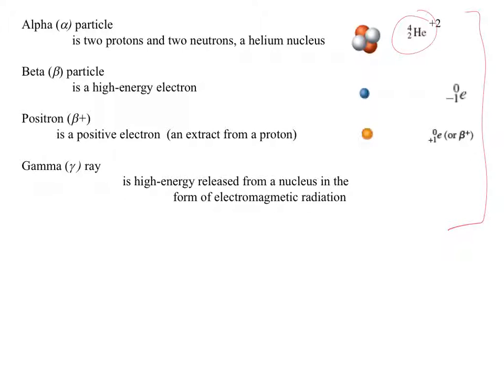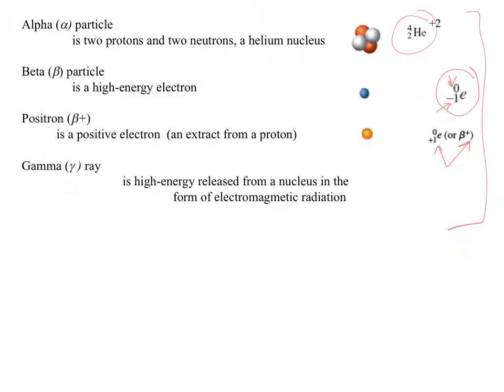We've got beta particles. Beta particles, essentially an electron with a lot of energy. Electrons have no mass, that's why the 0 is there, and electrons are negatively charged, so that's why the negative one. We also have a positron, which you can represent in one of two ways. Positron gets the B for beta, the beta symbol, but with a positive because it's a positron.